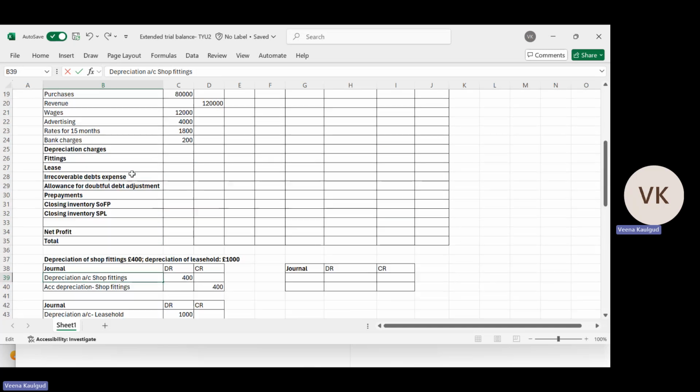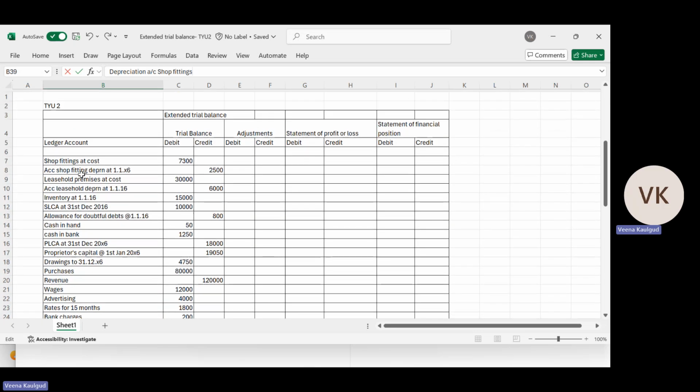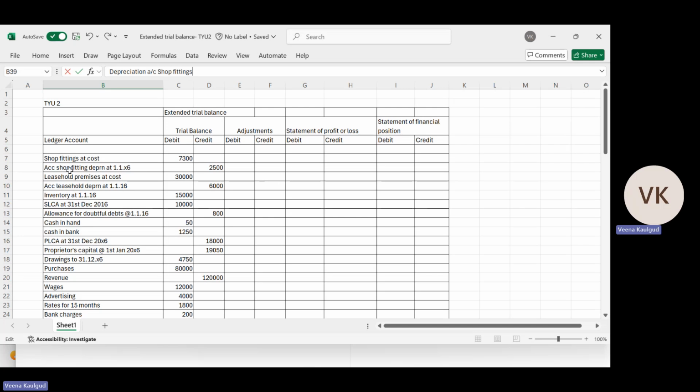If you look at this extended trial balance, there is only one depreciation charge, and one below the other they have given you the names of the asset, which is fittings and lease. Whereas for accumulated depreciation, they have given you shop fitting separately, and accumulated leasehold depreciation as well. So the opening balances have been given to us.